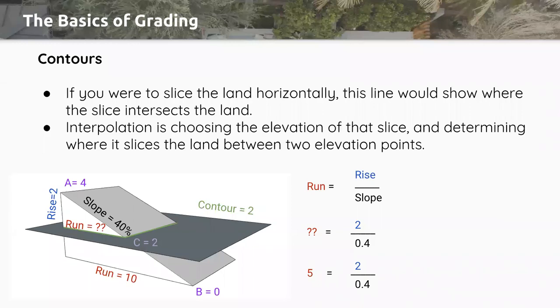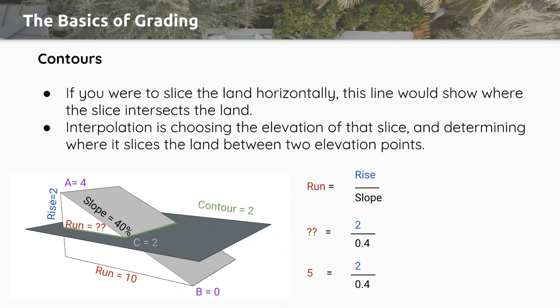Just the very basics of contours is if you were to slice the land horizontally, that's where it intersects. So that green line in my example. And then interpolation is the word of the day, is choosing at which elevation you want to do that slice, and then determining where that green line will land based on what you have graded.